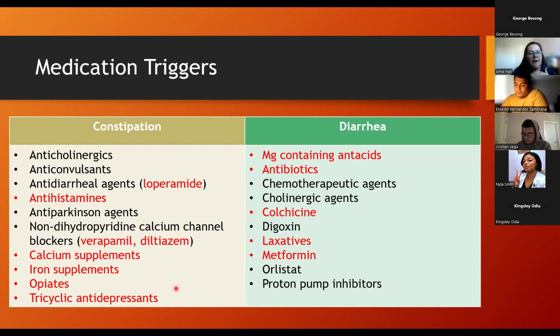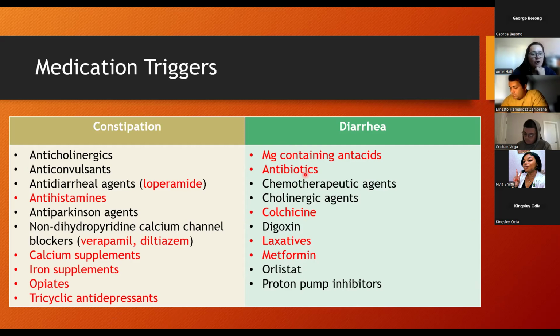Now, flipping the coin over to diarrhea, drugs that cause diarrhea are magnesium-containing antacids. We talked about this with our milk of mag when we were talking about treating GERD, right? Antibiotics can cause diarrhea because they alter the bacteria in the GI tract and disrupt that.